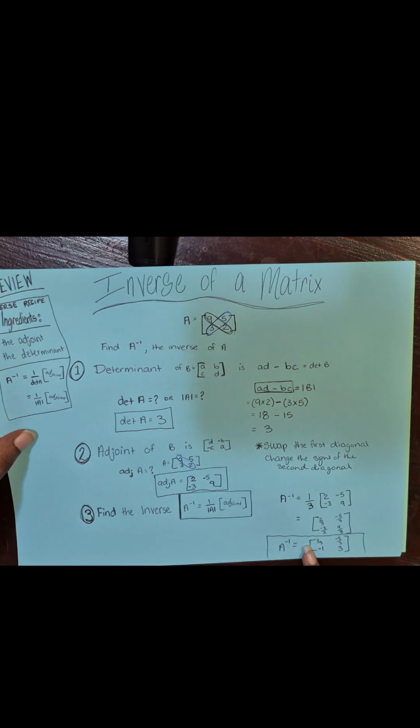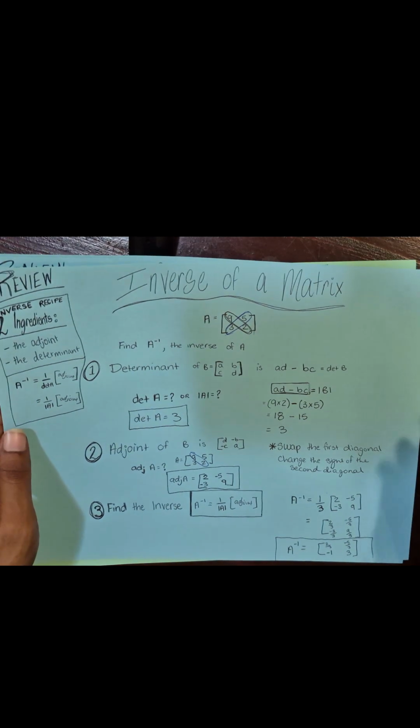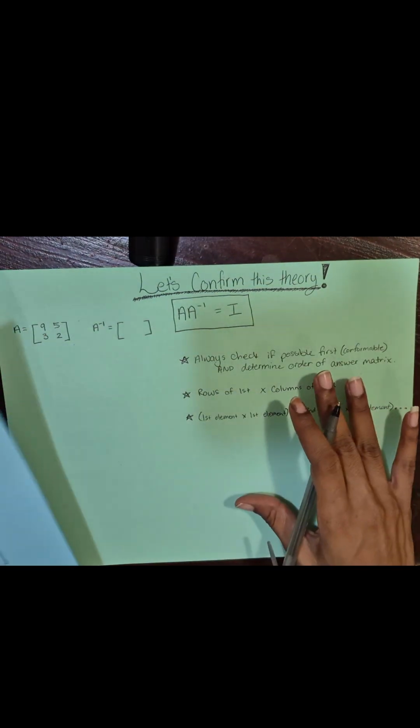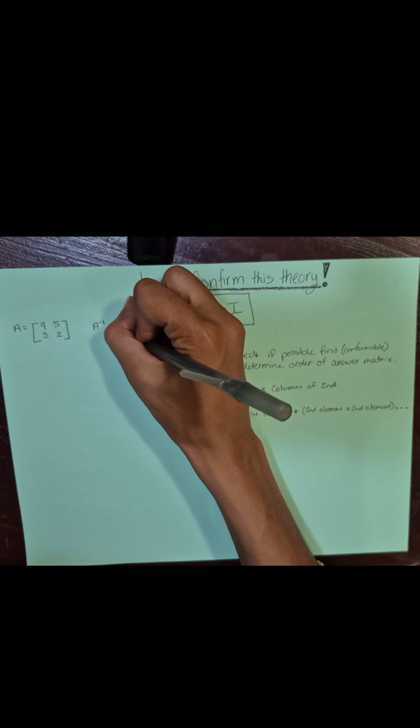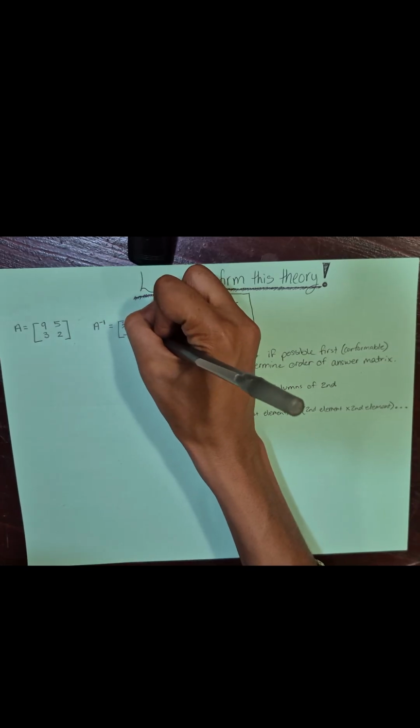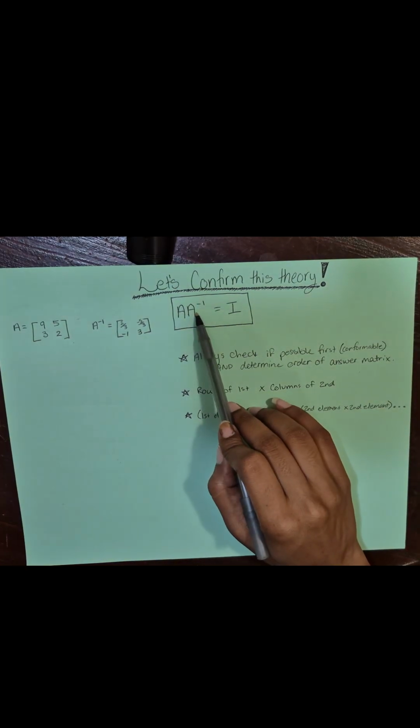This is the inverse of A right here, so let's just copy it over so we don't have to calculate that again. So our inverse of A was 2 over 3, negative 5 over 3, negative 1, and 3. So now we're checking if it is true that A times its inverse will give us the identity matrix. Let's line them up, and we're going to put the orders of the matrices first.